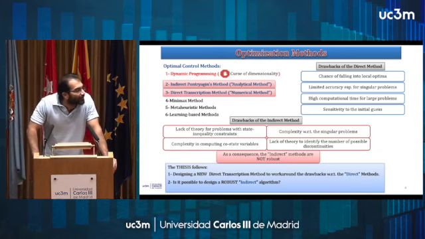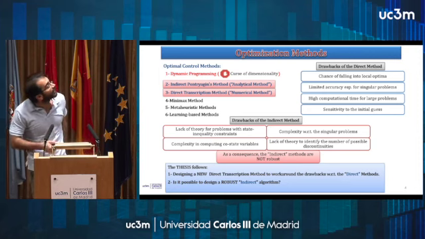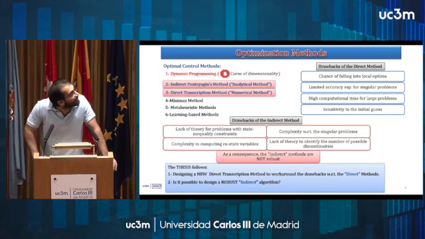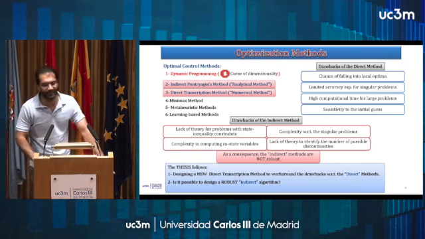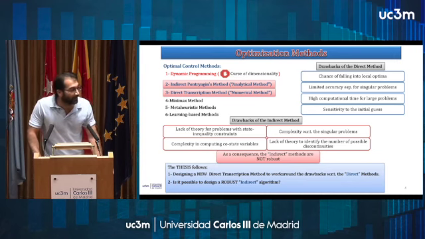Then we have complexity with respect to singular problems, complexity in computing co-state variables, and lack of theory to identify the number of possible discontinuities, which more or less refers to singular control problems. For all these reasons, the indirect method is not a robust method.